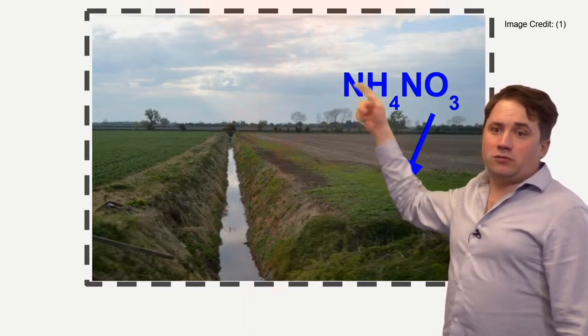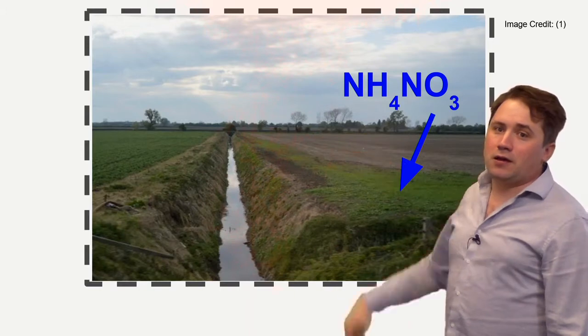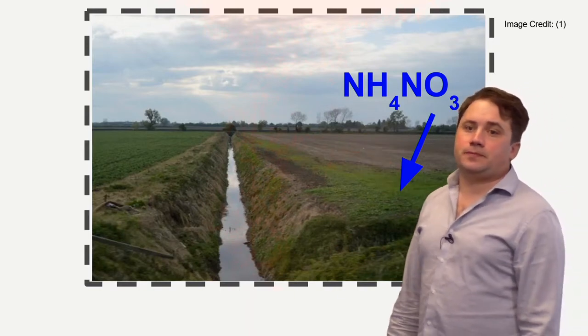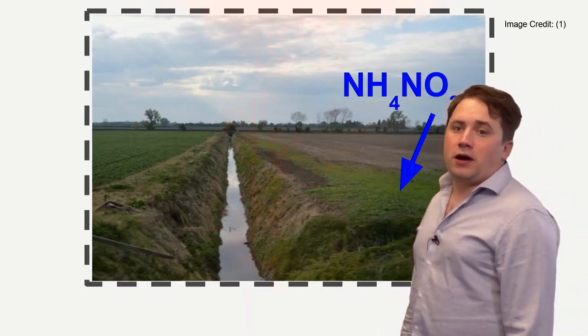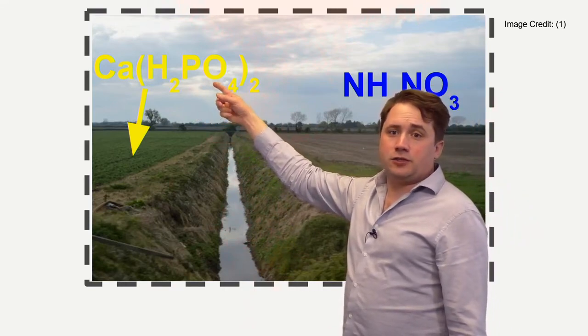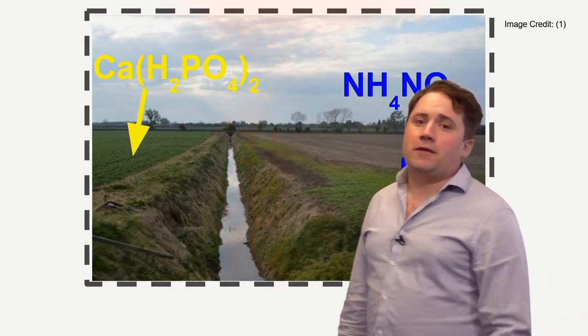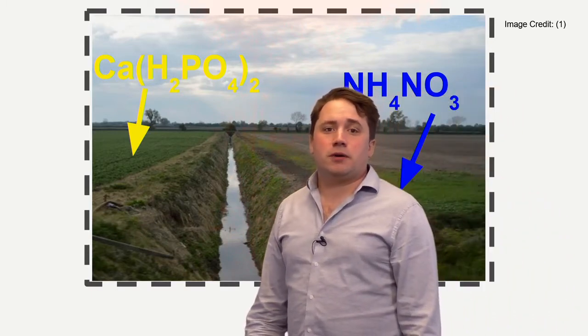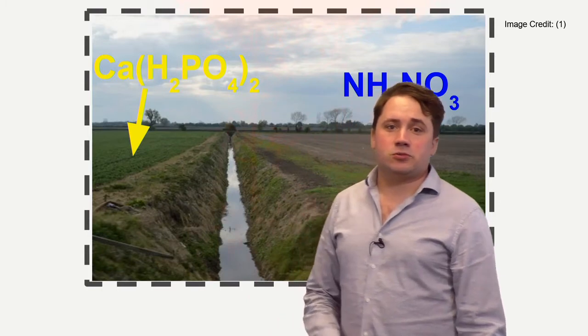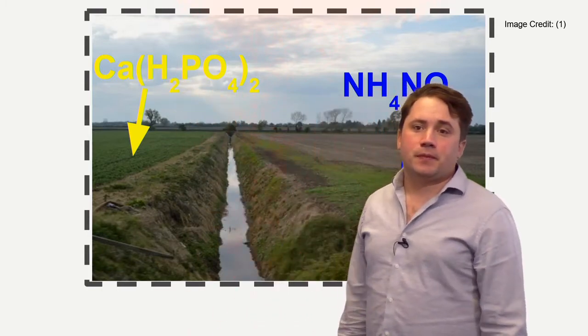This contains two forms of nitrogen, a cationic and an anionic form of nitrogen, so this is a very potent nitrogen fertilizer. Maybe they'll put on calcium superphosphate, CaH2PO4, to mostly provide phosphorus fertilization, but also, calcium isn't negligible either, so this provides both calcium and phosphorus to plants.